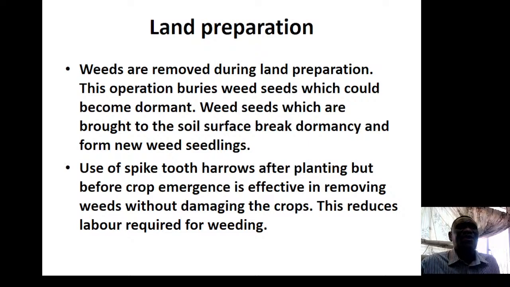This can also reduce labor required for weeding, but most farmers in smallholder farming areas may not want to use the harrows or the spike tooth harrow for this kind of work because they think they may damage their crop. But if they do it, they can actually reduce a lot of labor for weeding.